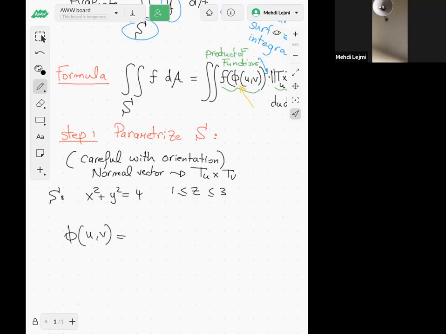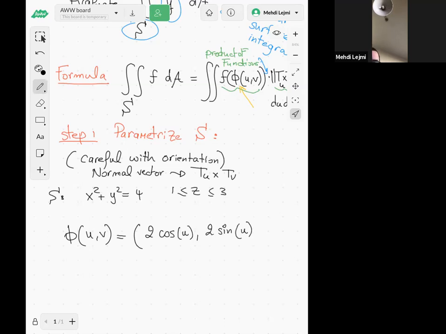To parameterize your cylinder, we need two parameters, right? First, x squared plus y squared equals 4, so we have circles of radius 2. So x would be 2 cosine of u, and y is 2 sine of u.